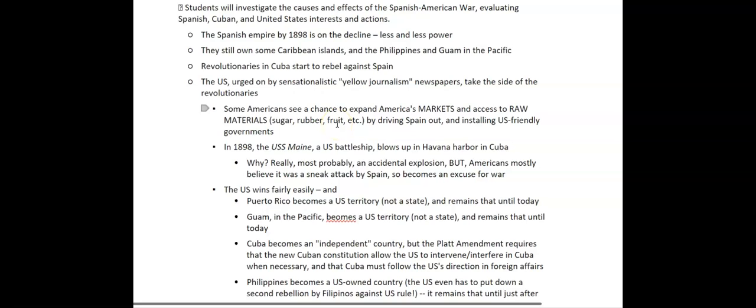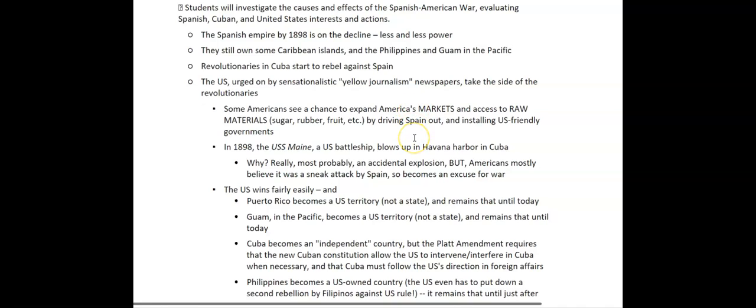Americans were middle class now because of industrialization. There was a big taste for tropical fruits and vegetables, all that kind of thing. Rubber from the Philippines, which was a Spanish possession, and so on, right? So by driving Spain out and installing U.S.-friendly governments, we could get all that.